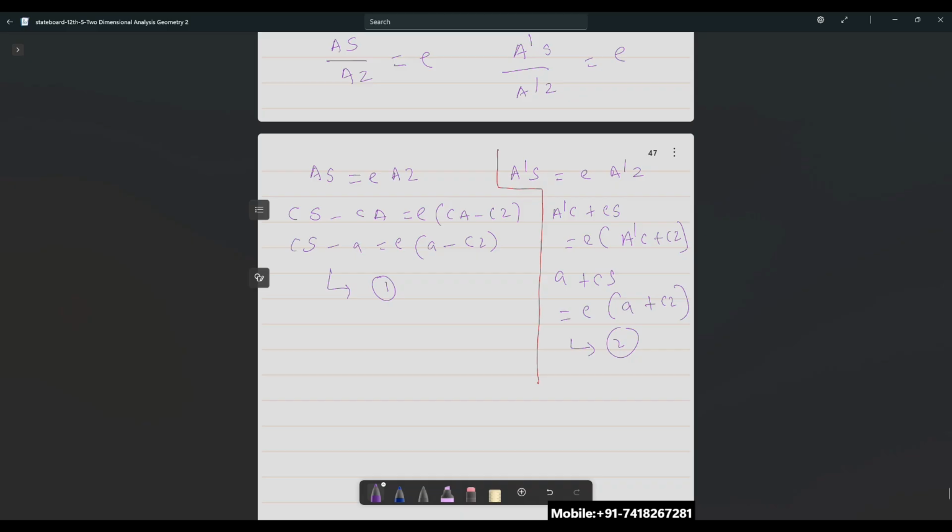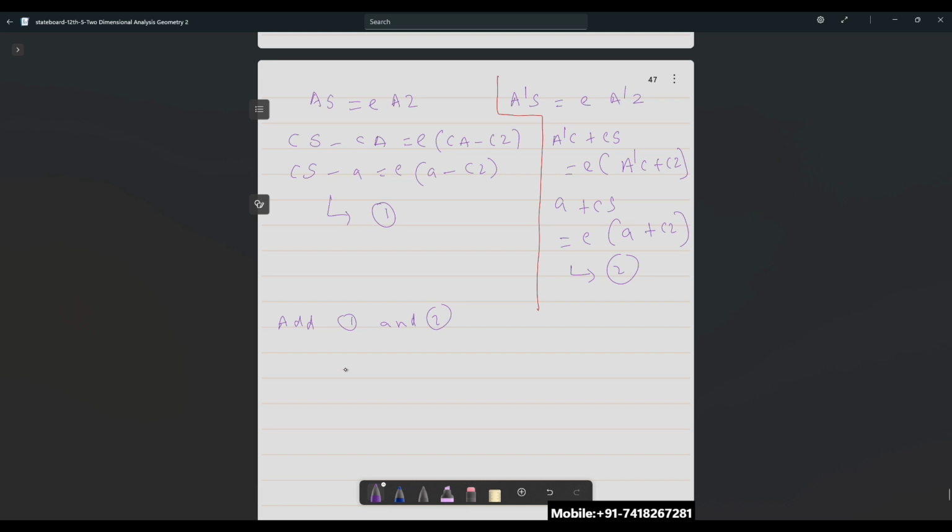What we'll do first, we'll add 1 and 2. If I add, what will happen? Let us write CS minus a equals ae minus e times CZ, and here a plus CS equals ae plus e times CZ.